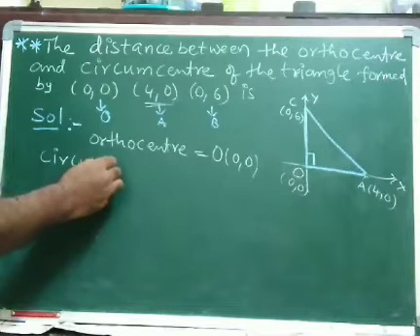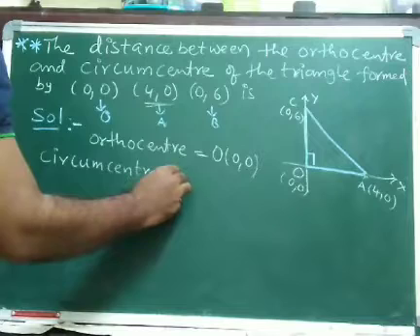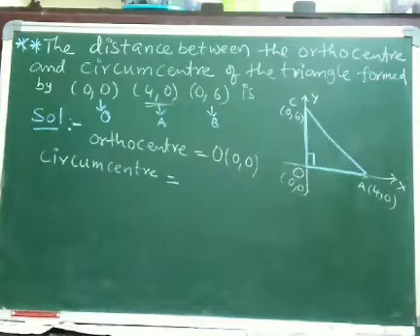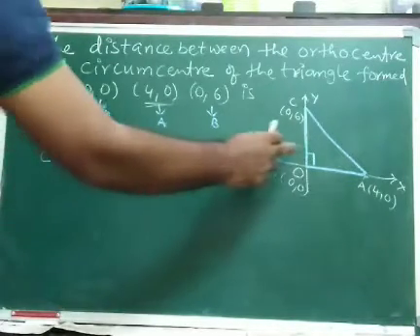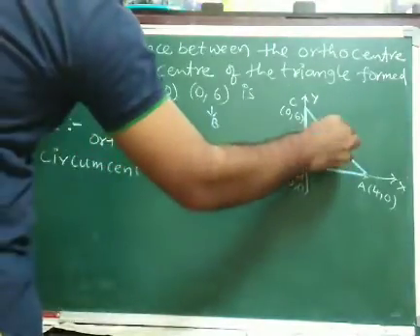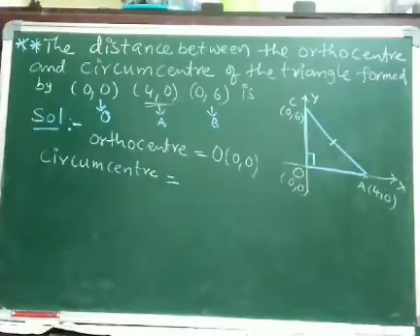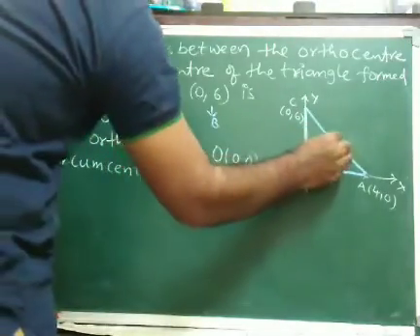How can we find the circumcenter of a triangle if it is a right angle? Definitely if it is a right angle triangle, then the circumcenter is the midpoint of the hypotenuse.